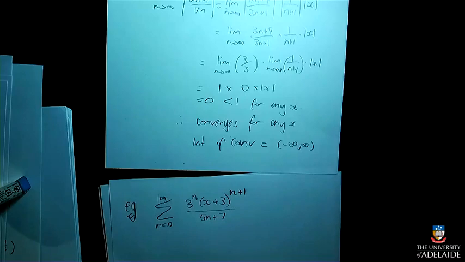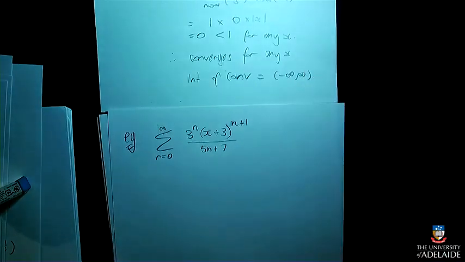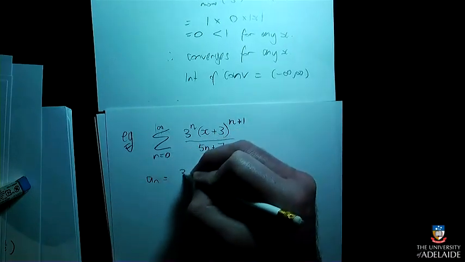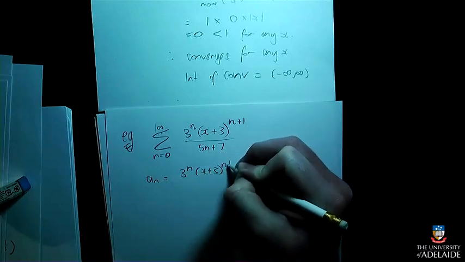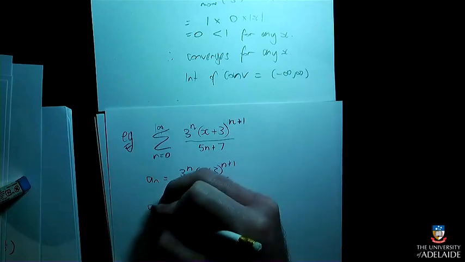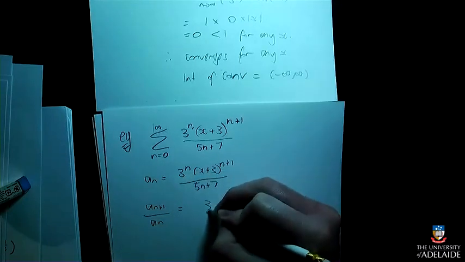Let's look at this one. So here's my a(n). And here's my a(n+1) over a(n).